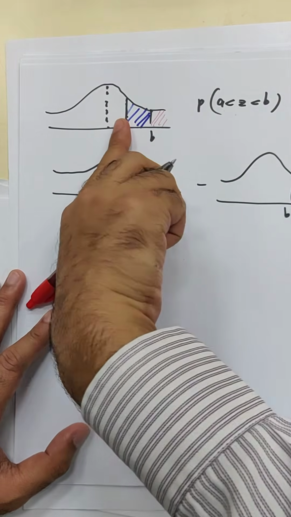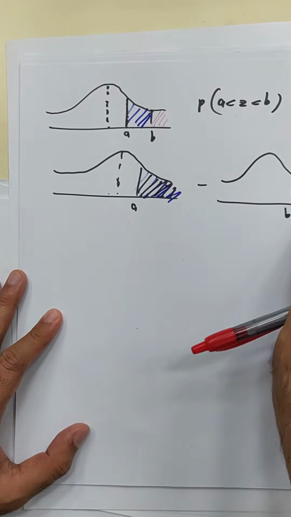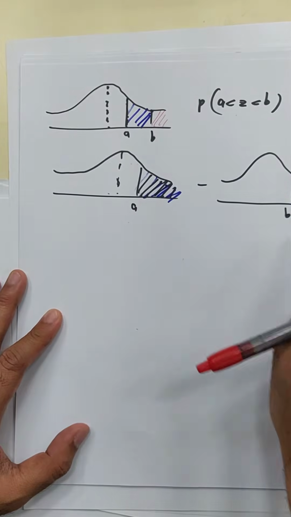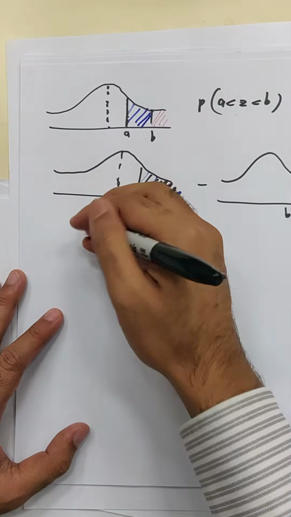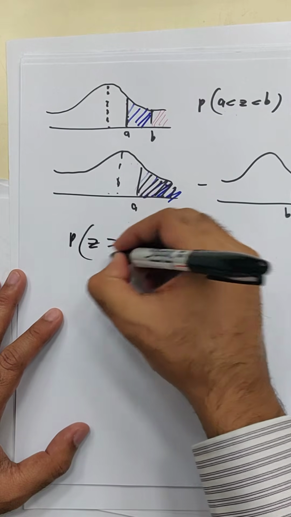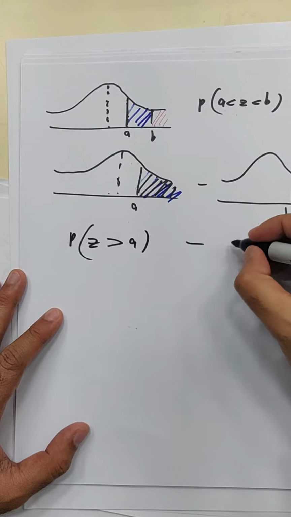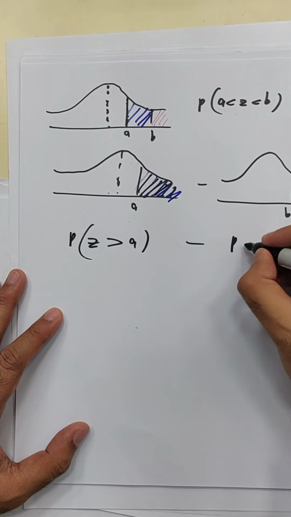Since the table is reading from left to right, I'm reading the whole A, then I minus this small part. Understand? So here will be P(Z more than A) minus P(Z more than B).